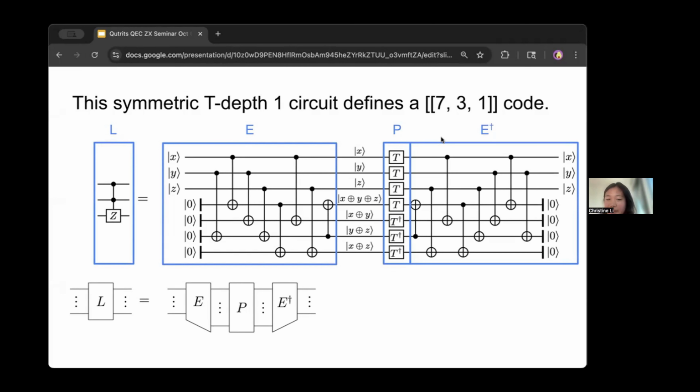In this form, the middle section of the symmetric circuit is the physical implementation. Overall the circuit implements some logical gate, and the middle portion gives us a physical implementation of that.